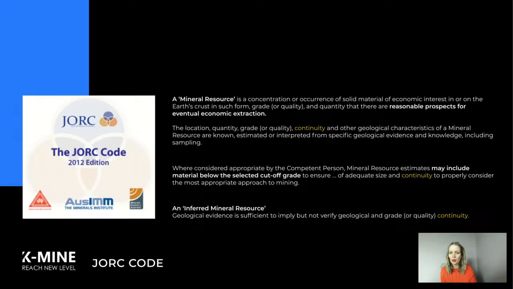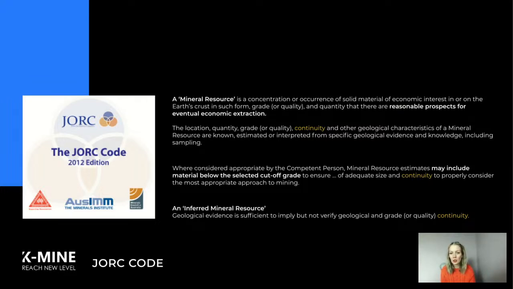Let's take a closer look at the significant definitions provided by the JORC Code. In the JORC Code, the definitions of mineral resources, both in general and by category, highlight the importance of the continuity requirement. For instance, the definition of a measured mineral resource in the JORC Code states that geological and grade continuity between points of observation where data and samples are collected must be confirmed through outcrops, trenches, pit workings, and drill holes.